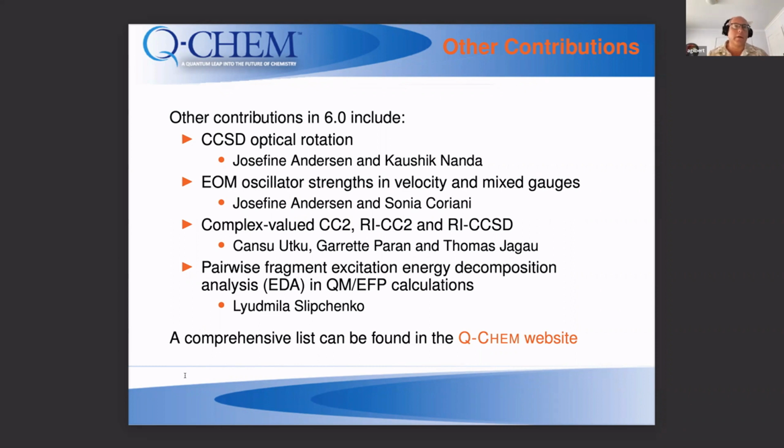This is work by Kansu Utku, Garrett Perrin, and Thomas Jaeger. And Ludia Slupchenko has put in pairwise fragment excitation EDA for QM/EFP calculations. And if you want more details on any of these methods, I encourage you to visit the Q-Chem website, where you can find both the manual and white papers explaining some of these in more detail.